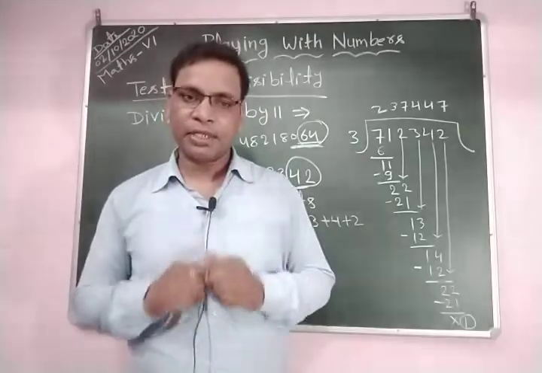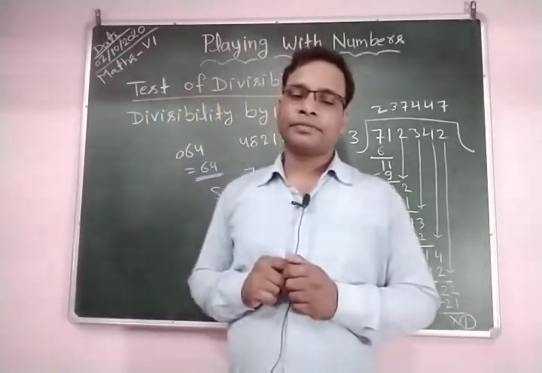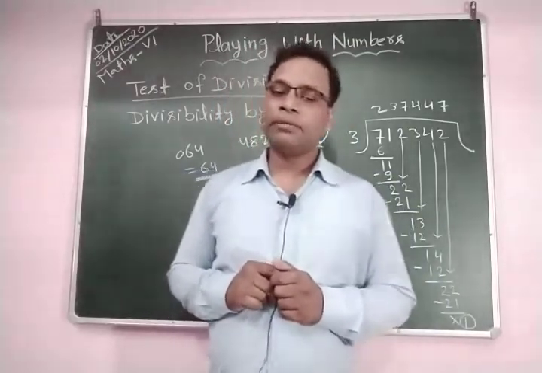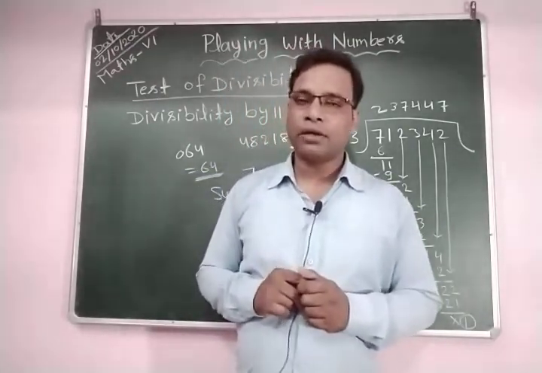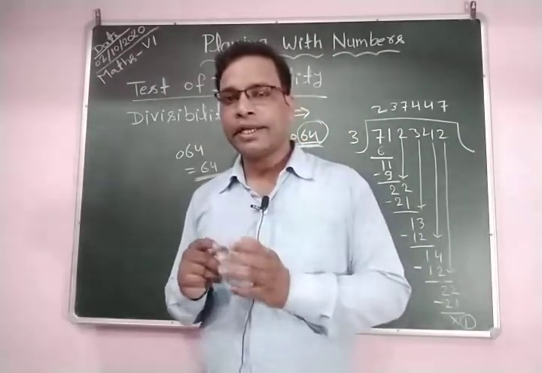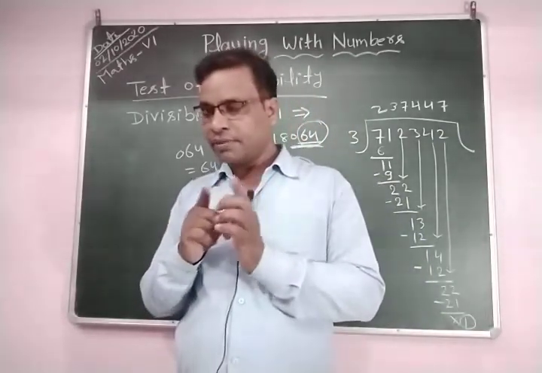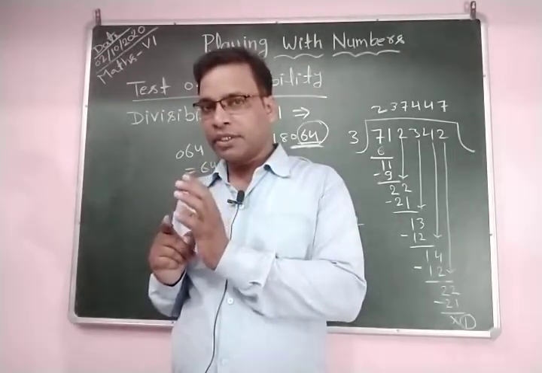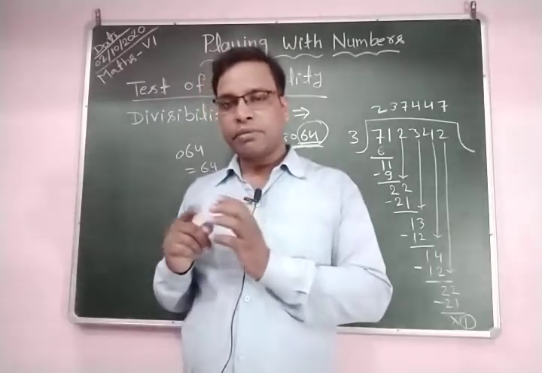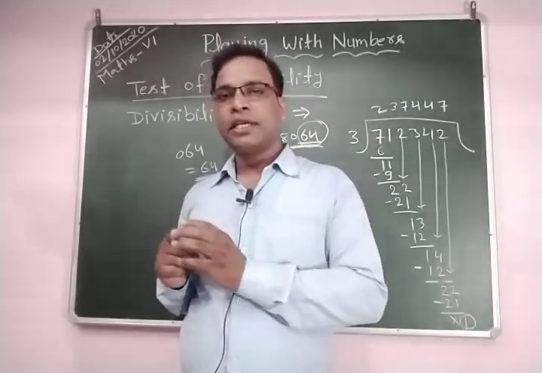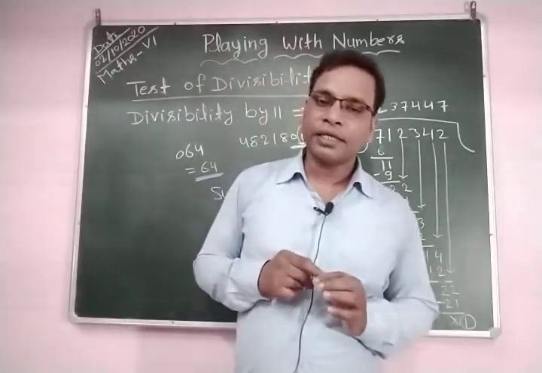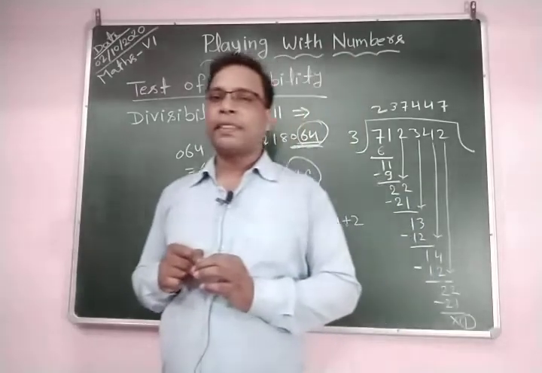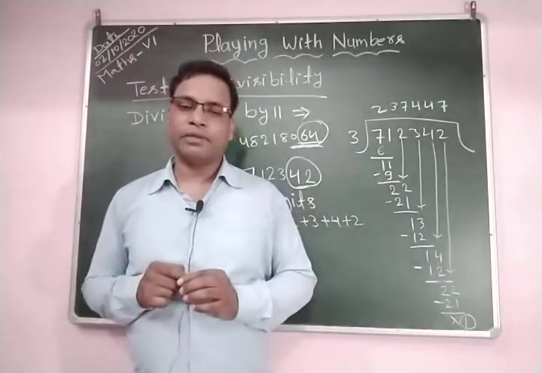So what is the divisibility test of 11? A number is divisible by 11 if the difference of the sum of digits at the odd places and the sum of digits at the even places is either 0 or divisible by 11, or you can say a multiple of 11.